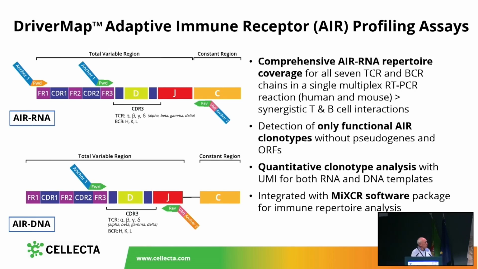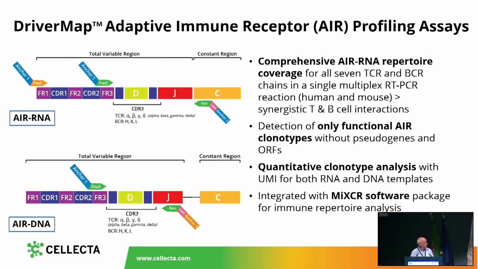In this example shown here for AIRR-C, what is good in this assay is that we design primers, validate them using several rounds, and incorporate several mechanisms against primer dimer formation or non-specific amplification, and we can amplify all 7 chains in one reaction. For RNA, for DNA, it usually is required to split TCR and BCR into 2, because cells are present in different amounts, and we design primers only against functional isoforms.